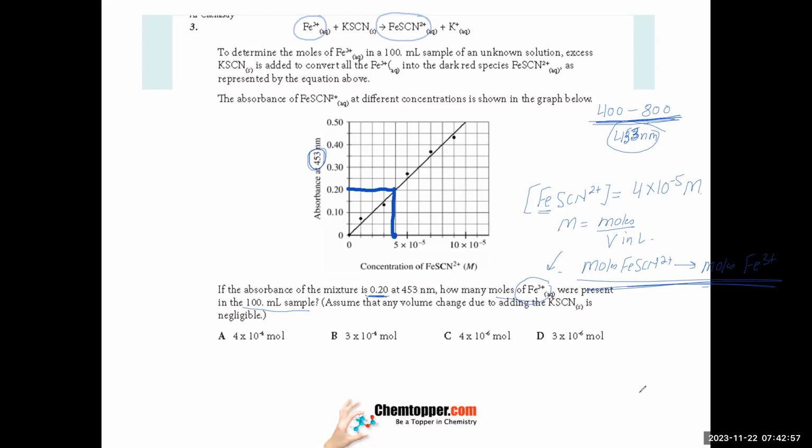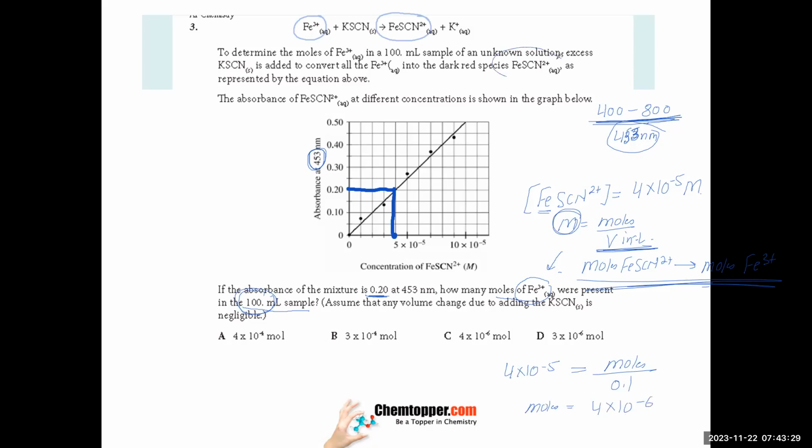Is she right, children? Yeah. See, all of you are giving this answer. So you have to just plug in the values, plug in the molarity. Volume in liters. They have given 100 mL, so it is 0.1 liter. So it is 4 times 10 raised to the power minus 5 moles divided by 0.1. So moles are 4 times 10 raised to the power minus 6.